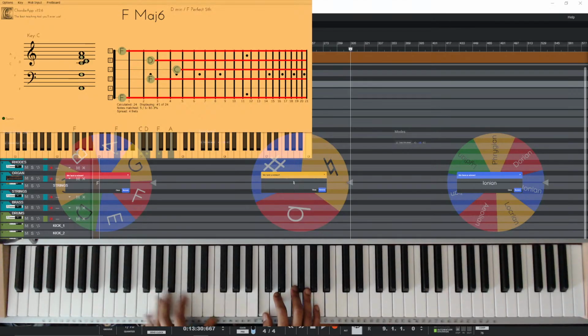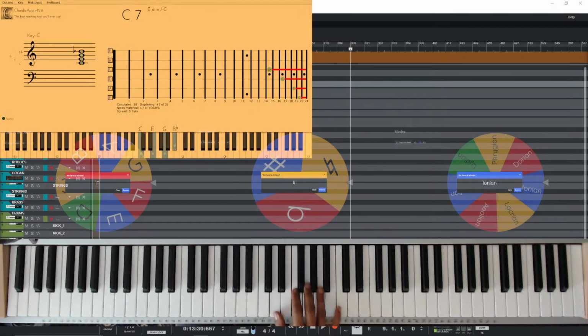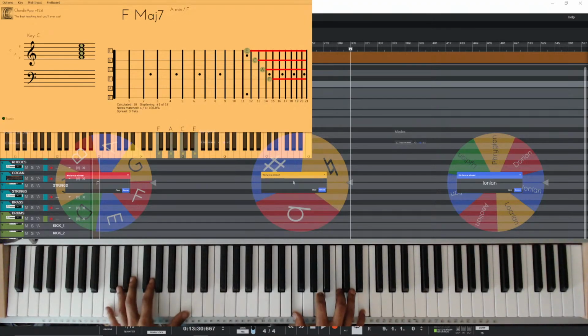Let's try to find some interesting voicings, not voices, for both hands together.